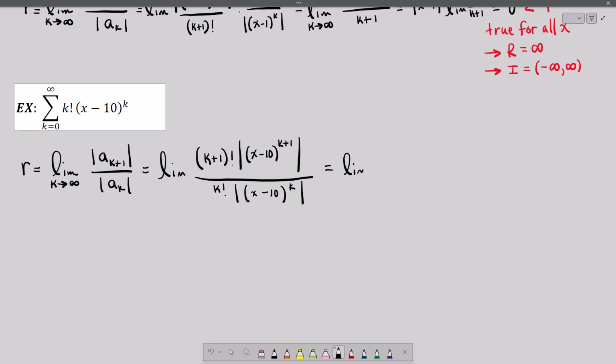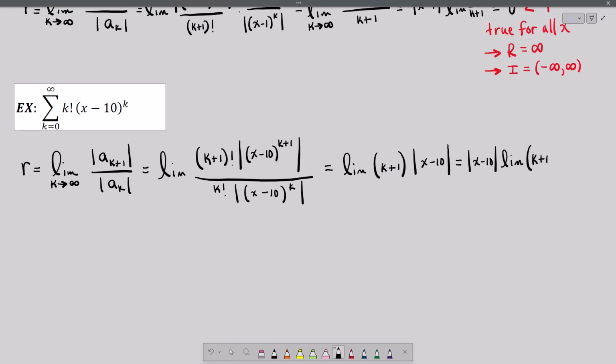We go through our simplification process. We're going to have a k plus 1 in the numerator. K plus 1 factorial will cancel out the k factorial, leaving k plus 1. We have one extra x minus 10 inside absolute value. Once again, the absolute value of x minus 10 does not depend on k, so we can factor it out to the front.